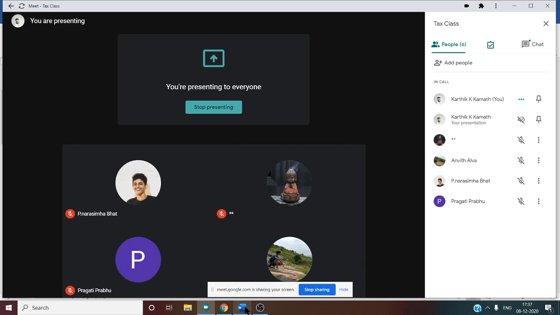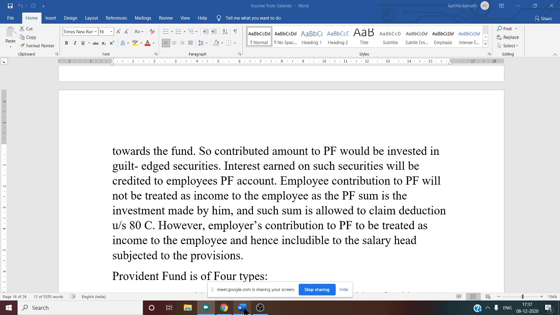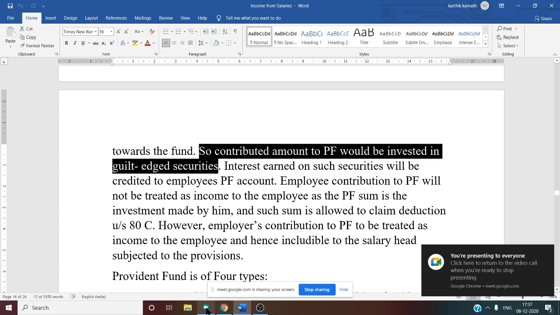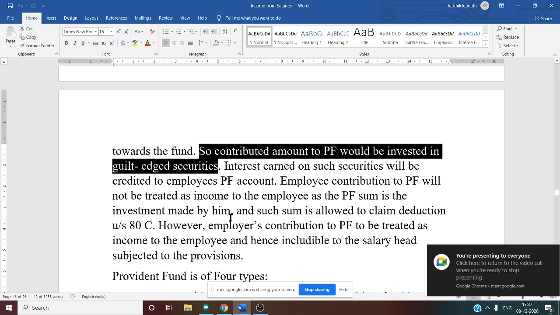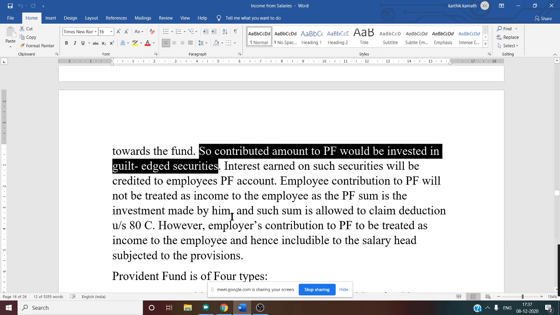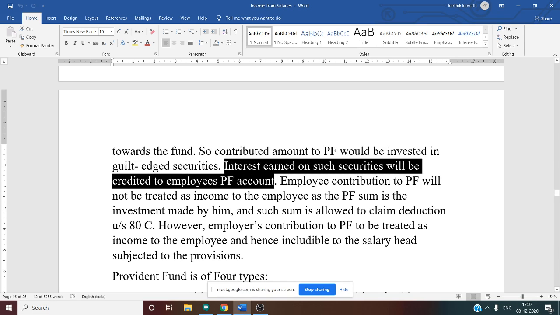See, gilt-edged security is nothing but one kind of government security, a safe investment. So, interest earned on such securities will be credited to the employees' PF account.